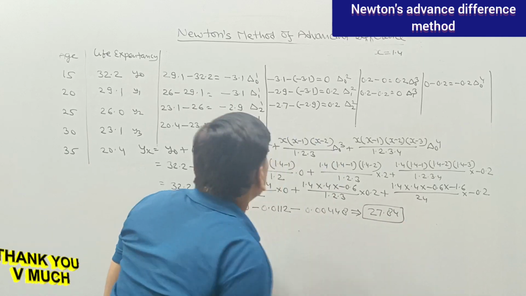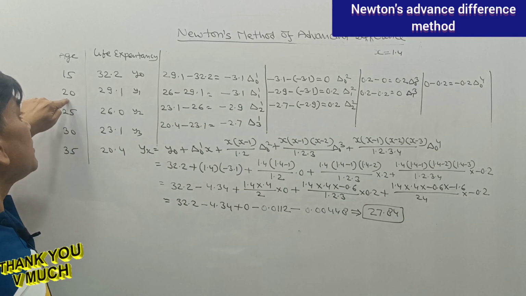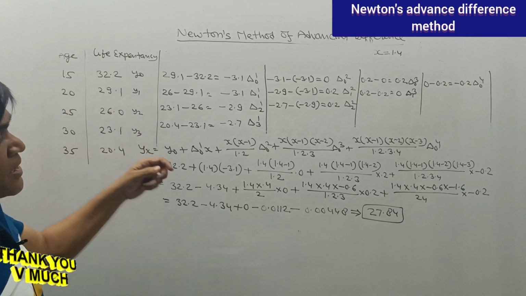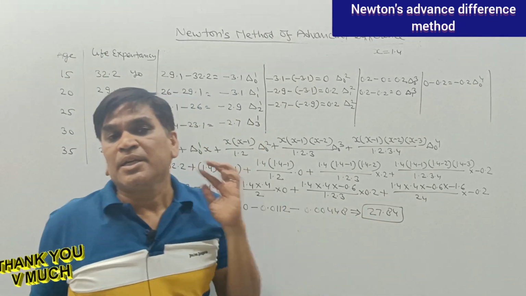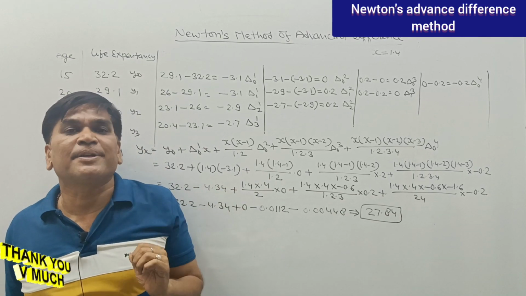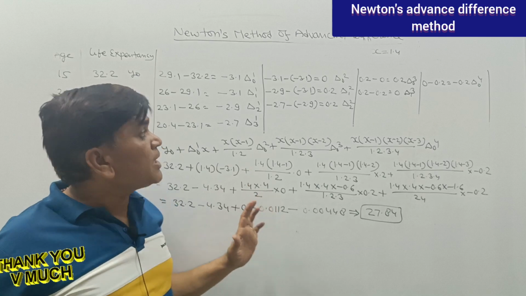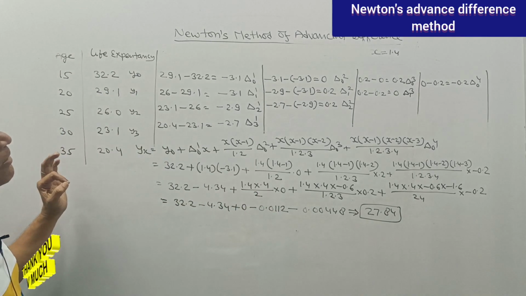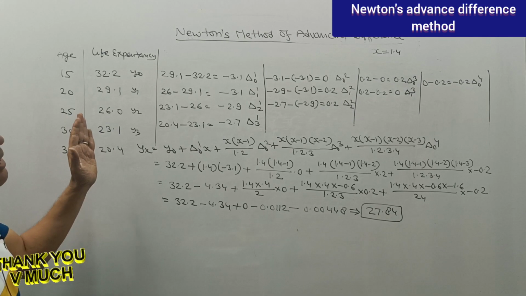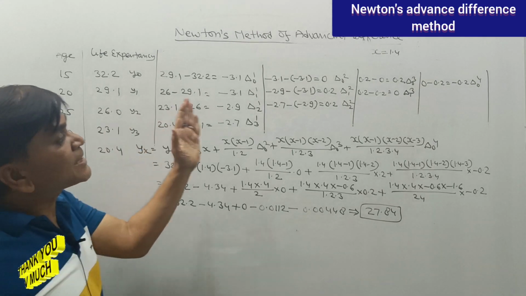It means for the person who is 22 years old, the life expectancy is 27.84. In this manner, we can calculate with the Newton advanced difference method. It's very easy. Just we have to keep in mind that we have to go step by step.